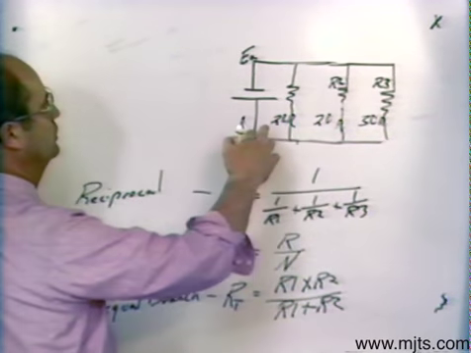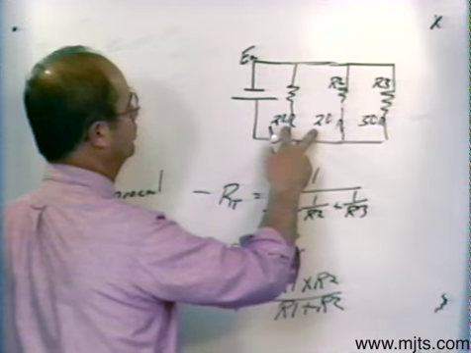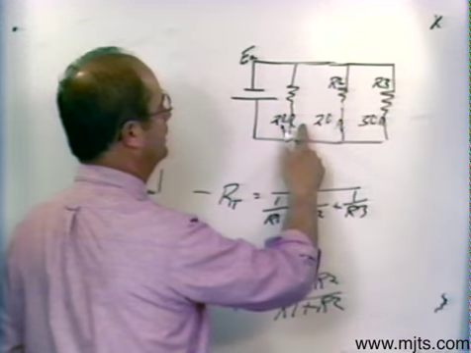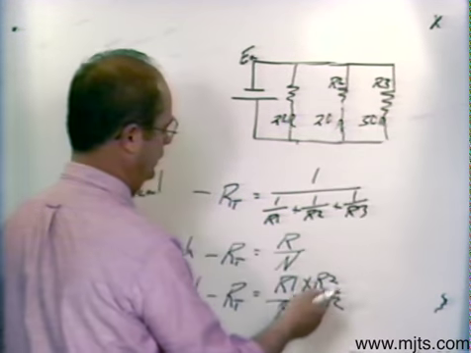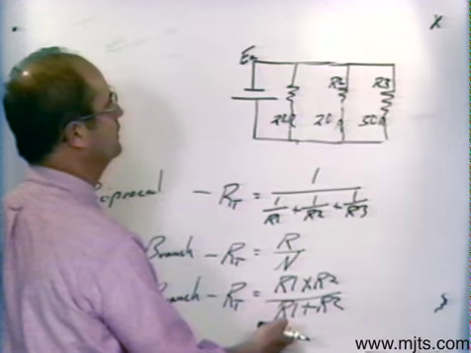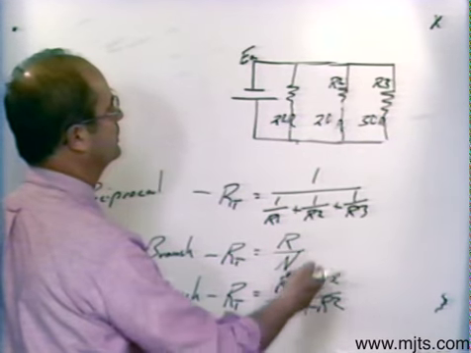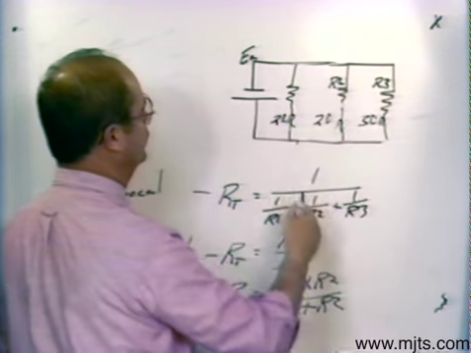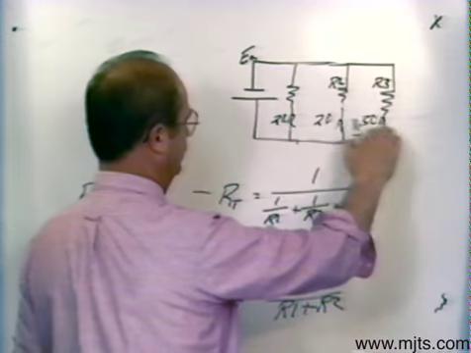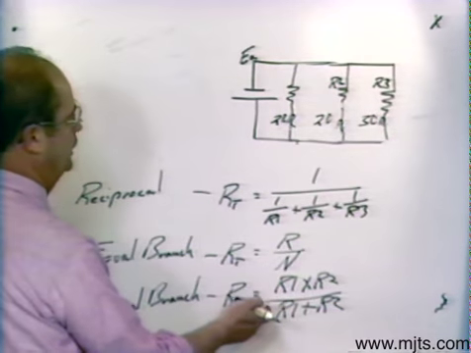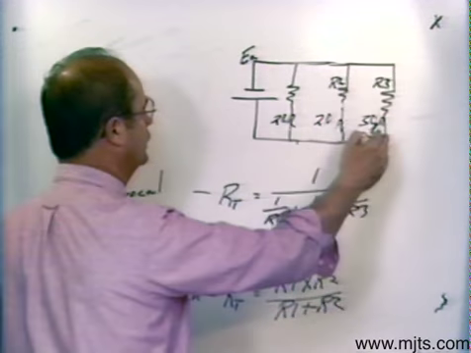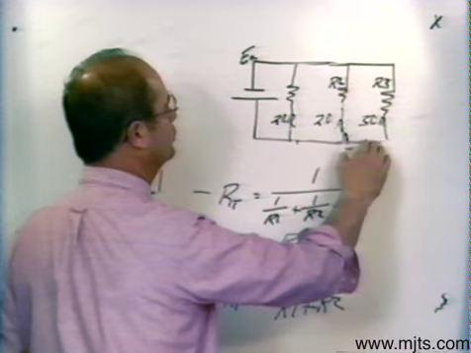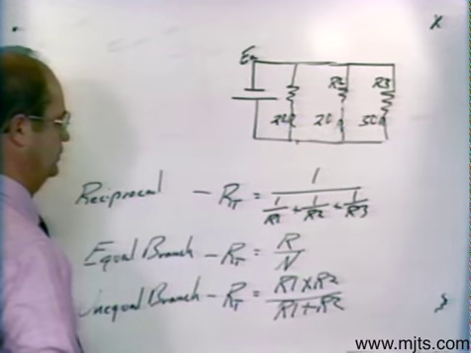What I could do is join those two by the equal branch, which will give me 10. Take that 10 with that 30 on the unequal branch method. Or, you can use maybe sometimes the unequal twice. Or if I had all three different resistors, I could use the unequal branch twice. I could join two, take that value with the next one, join those for my total resistance for that circuit.